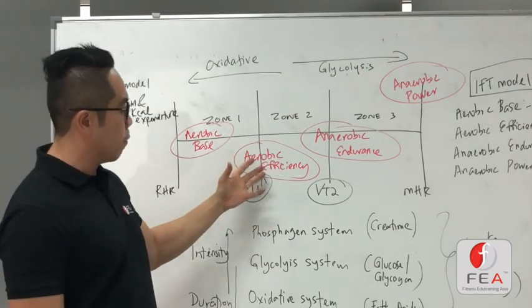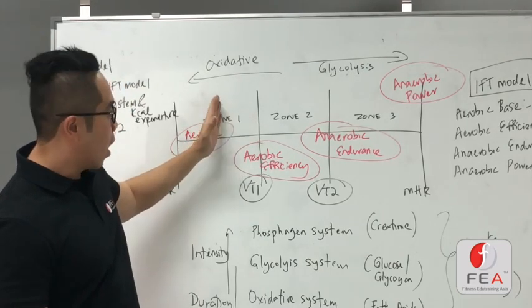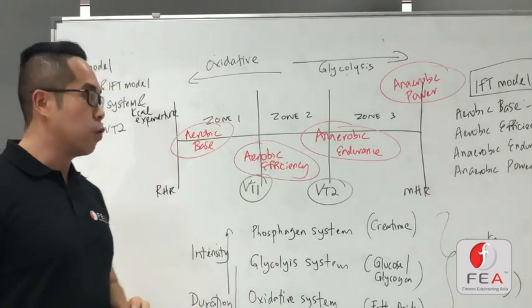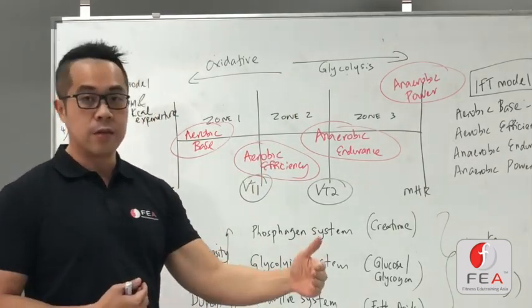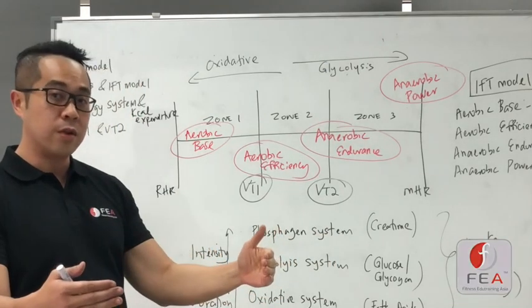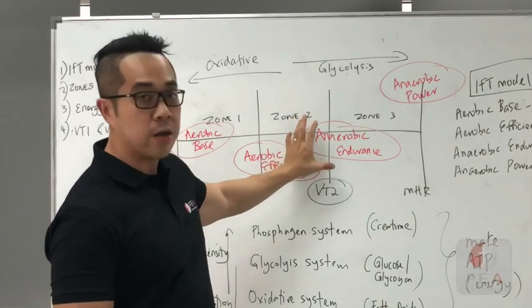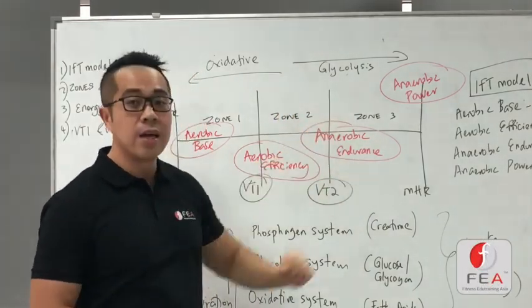To train for aerobic efficiency, you usually train at late zone 1 up to zone 2, the entire zone 2. If you have clients who want to improve their endurance, meaning a faster speed as well as longer duration, called fitness, then they may want to consider working at the anaerobic endurance phase, which is the end of zone 2 and the entire zone 3.